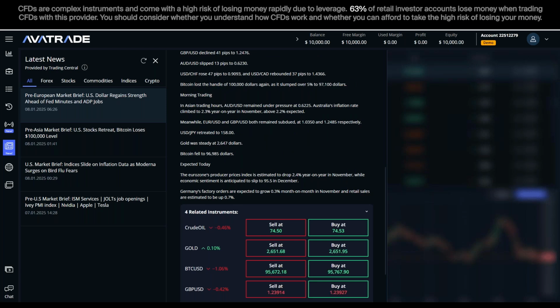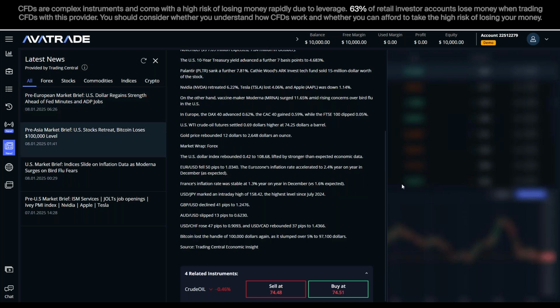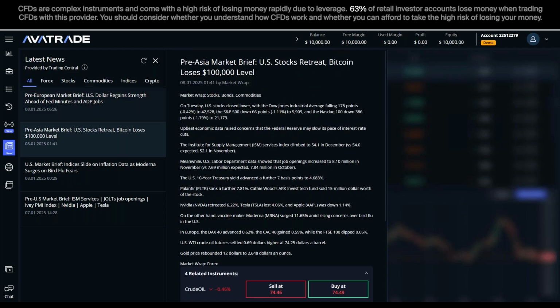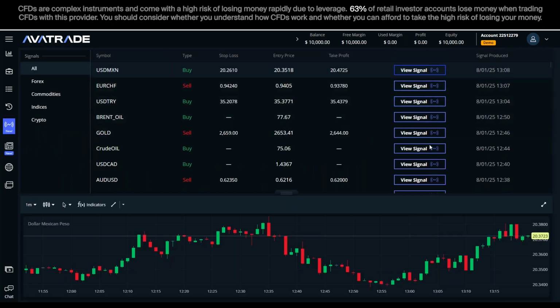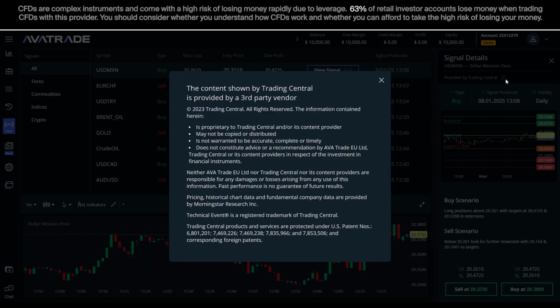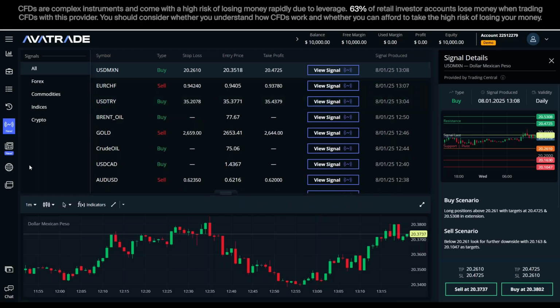So going through the articles here, I can see that it might be related to oil, but also gold, Bitcoin, and pound versus dollar. Also pre-Asia market, I have different categories. This is very simple. We get the idea. It's important to understand that the signals are not manufactured by AviTrade. They are sent by Trading Central.